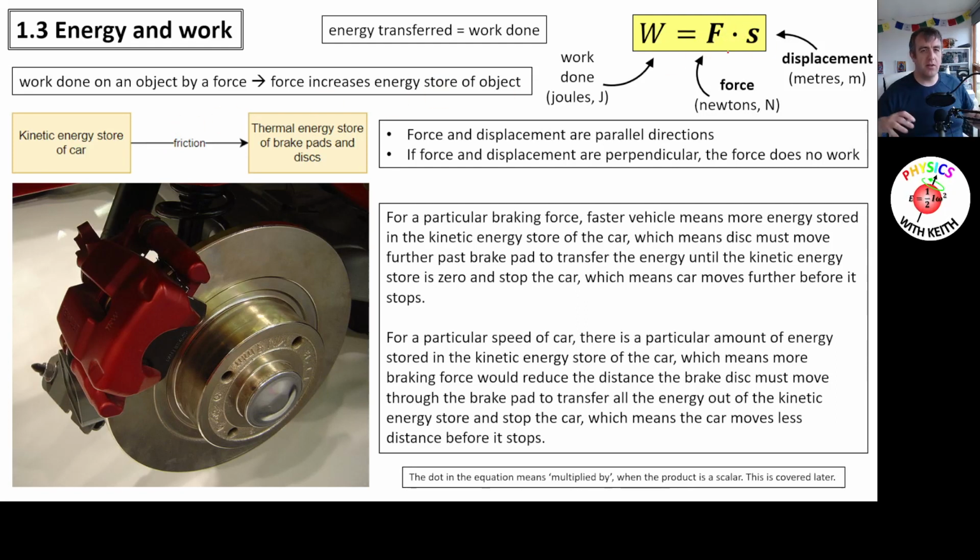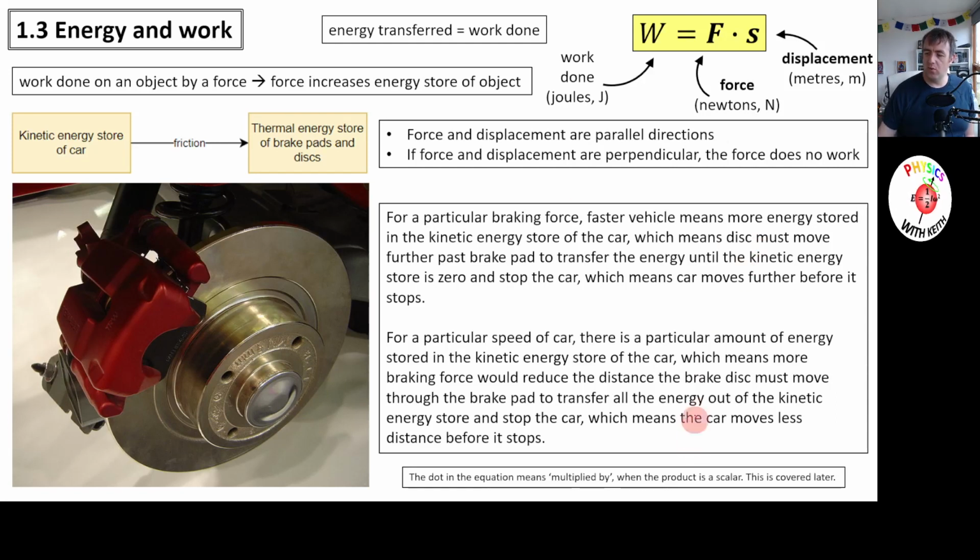When we start talking about interactions between bodies in 2 dimensions or 3 dimensions, then that becomes a little bit more useful, perhaps. So here's our old energy transfer diagram again. This is for a vehicle with brakes. If we've got energy in the kinetic energy store of the car, the force of friction between the brake discs and the brake pads causes energy to be transferred from the kinetic energy store of the car to the thermal energy store of the brake pads and the brake discs.